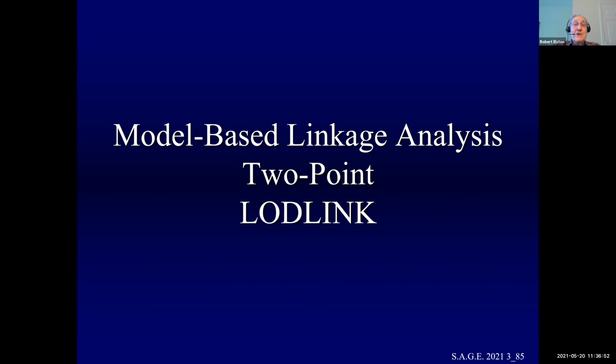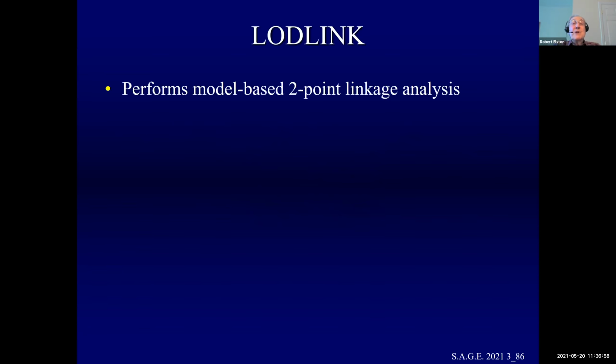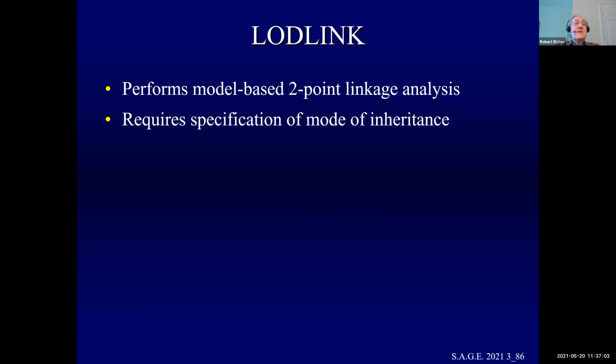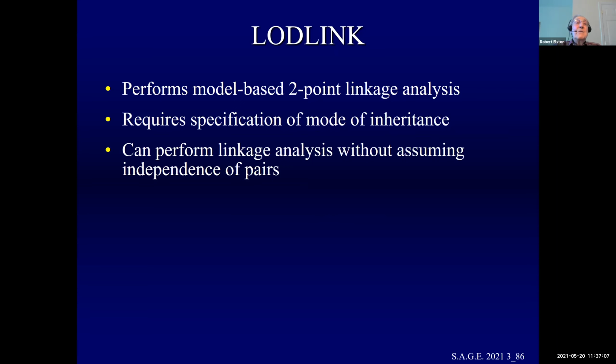And the program we use for that is LodLink. So it performs the model-based 2-point linkage analysis. It requires specification of mode of inheritance. You'll see now how we can get around that later, but it's important to realize there must be somehow a specified mode of inheritance. It can perform linkage analysis without assuming independence of pairs.